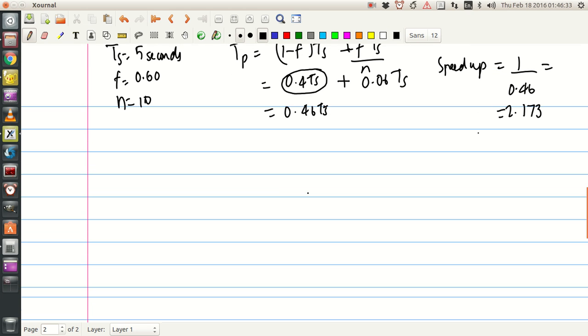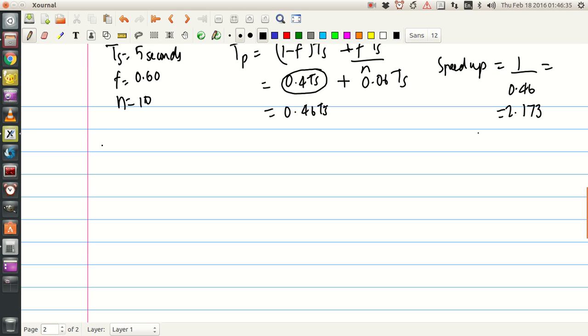So theoretically, if n approaches infinity, then tp will approach 0.4 times ts. So my speed up will approach 1 divided by 0.4.